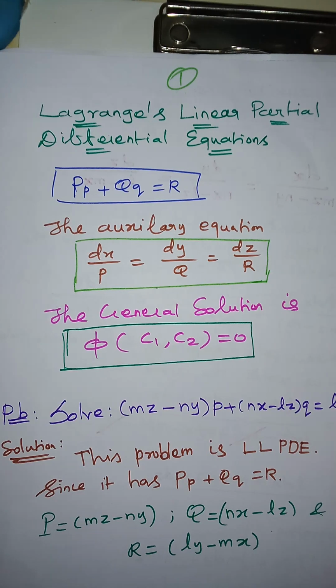Let us choose phi of constant c1, c2 equal to 0. These are the three very important things in Lagrange's linear equation.